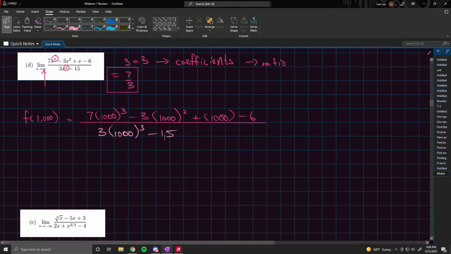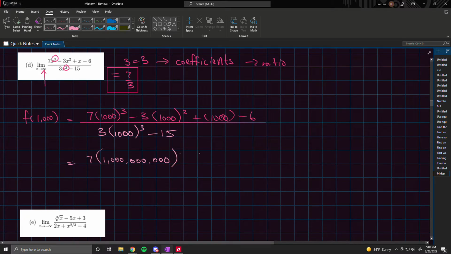I could continue. So you get 7 times 1,000 cubed. What's 1,000 cubed? That's not even 1,000,000, it's larger. It's 1,000,000,000, because here's one set of 1,000, here's another set of 1,000, and here's 3 sets of 1,000.